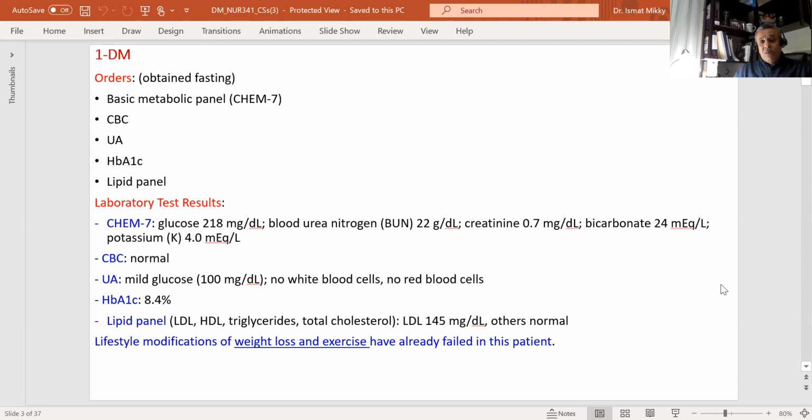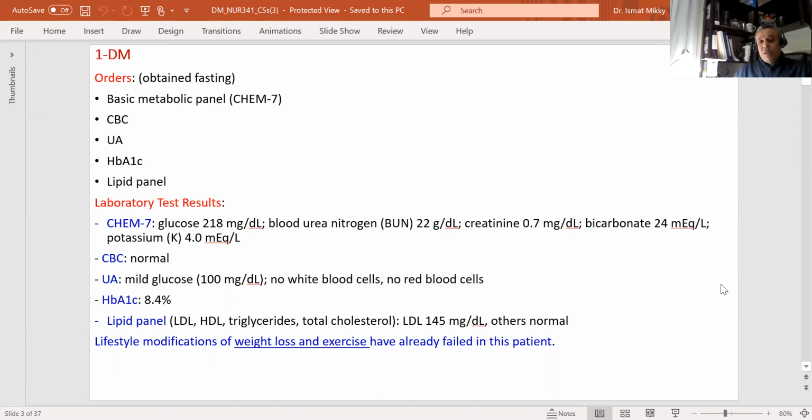So the orders include BMP-7, CBC, urinalysis, lipid profile. When we see BMP-7, it's electrolytes, BUN, creatinine, CO2 and glucose.